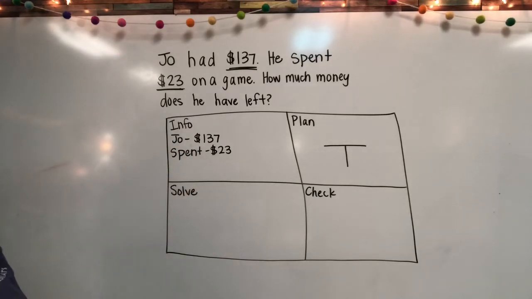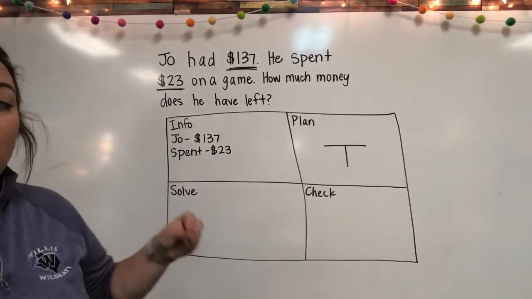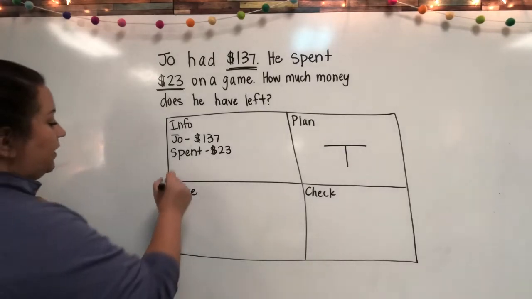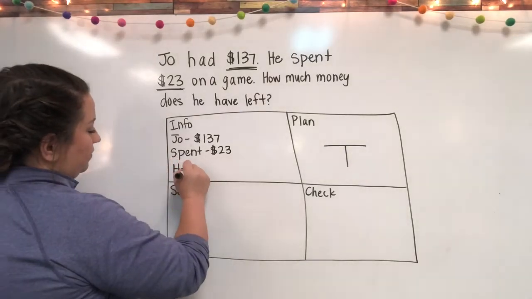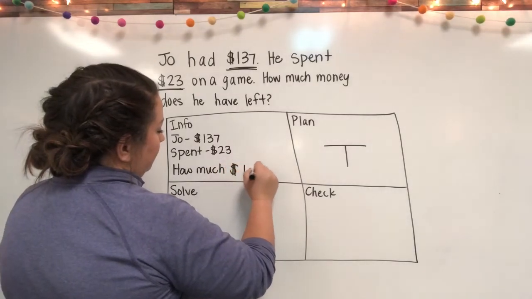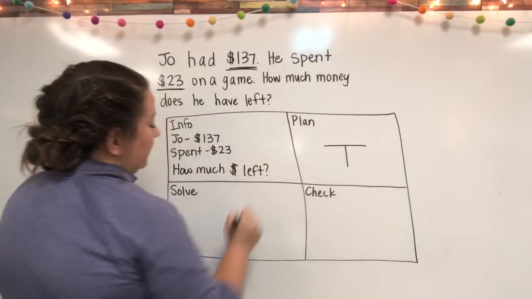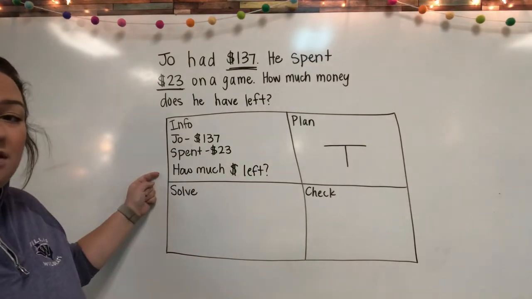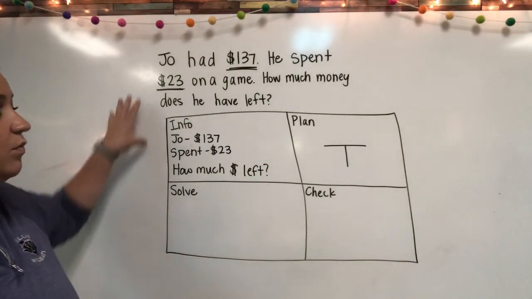And then let's look at the question. How much money does he have left? So that question is also going to be really important. I'm going to write how much money left. And notice I didn't write the whole question, but I made sure that I wrote what it was saying.